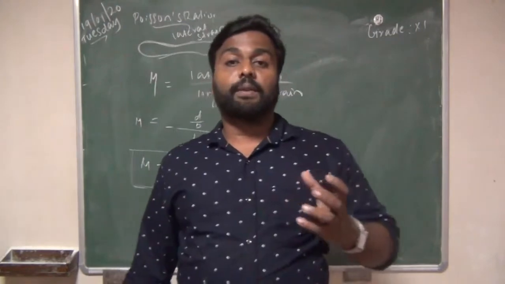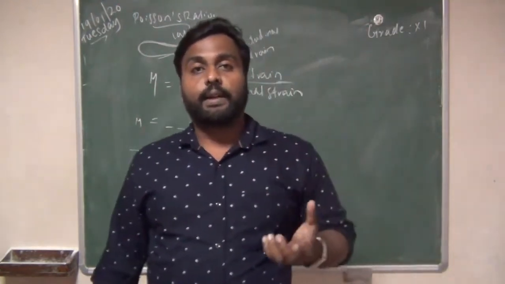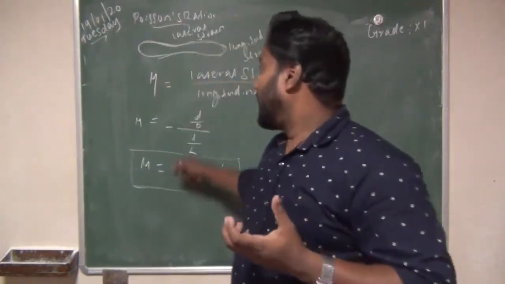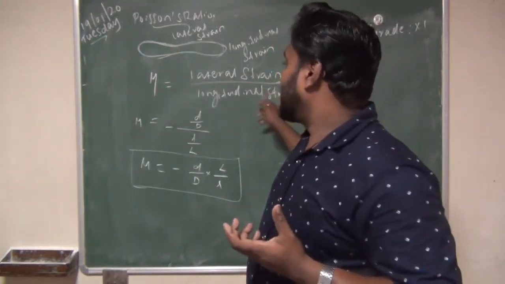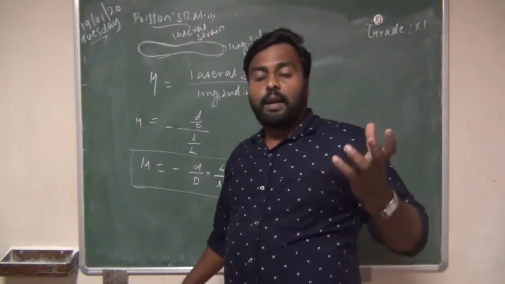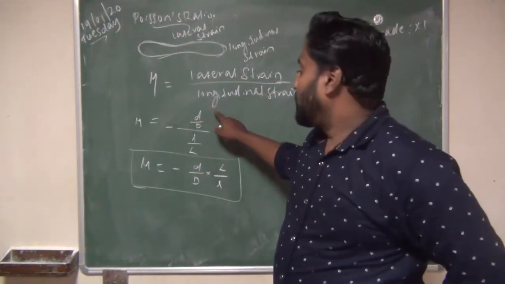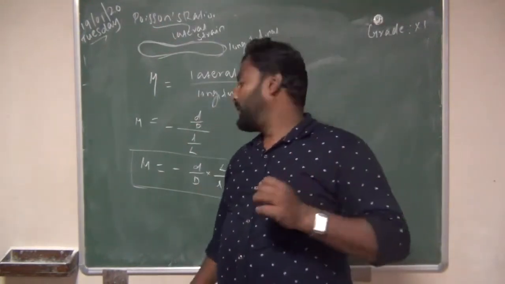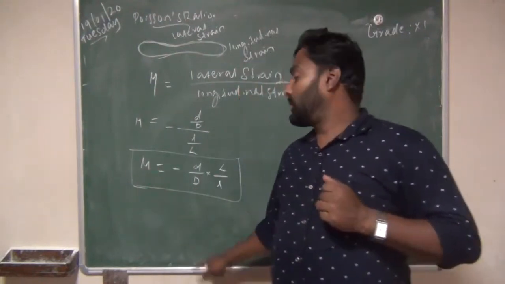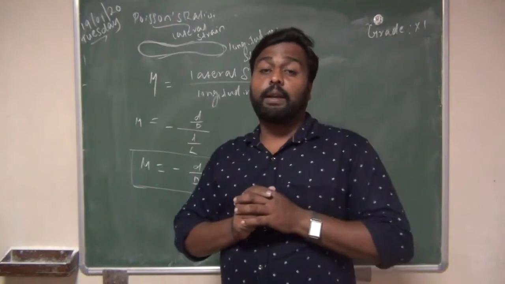So this is Poisson's ratio, and it is defined as the ratio between the relative contraction and the relative expansion. In formula, mu is equal to lateral strain by longitudinal strain, that is, minus small d by capital D divided by small l by capital L, and mu is equal to minus small d by capital D into capital L by small l.